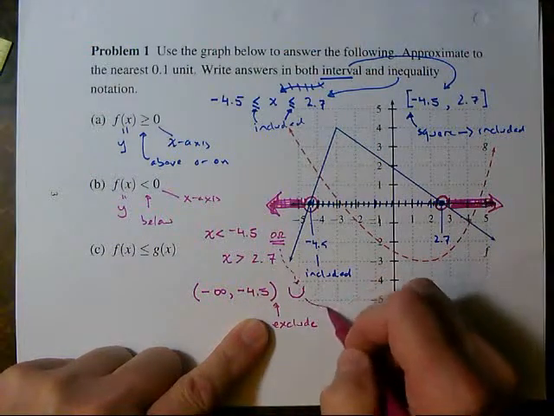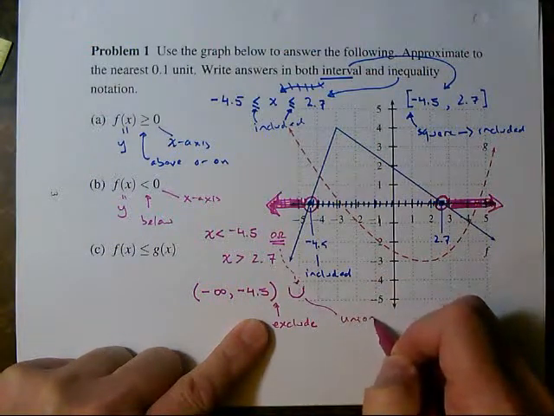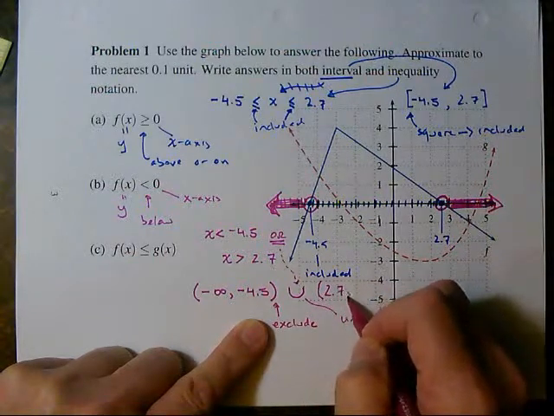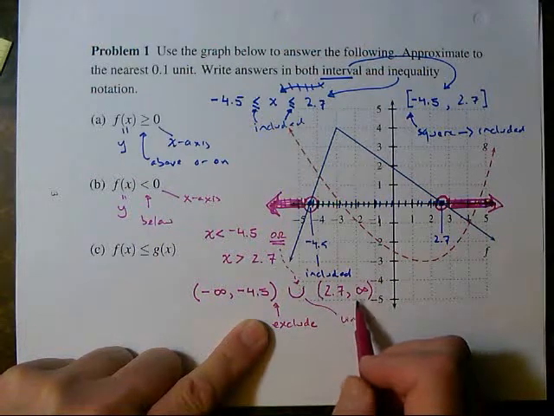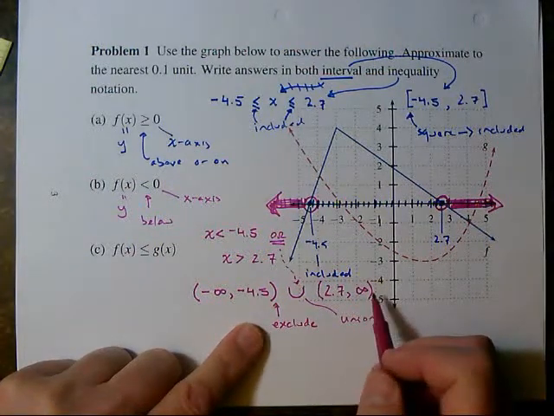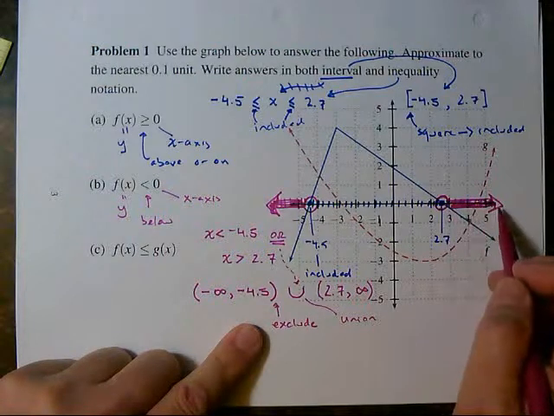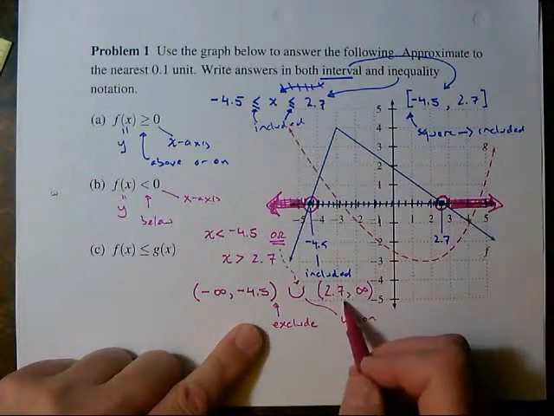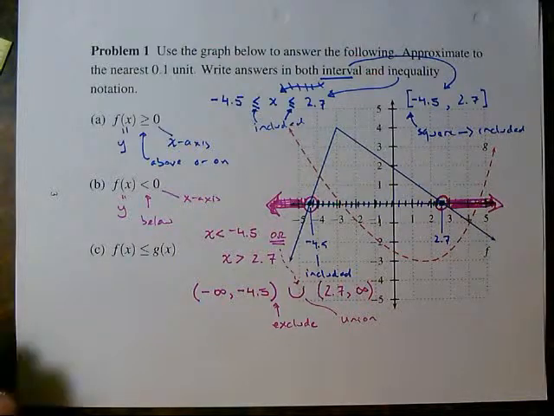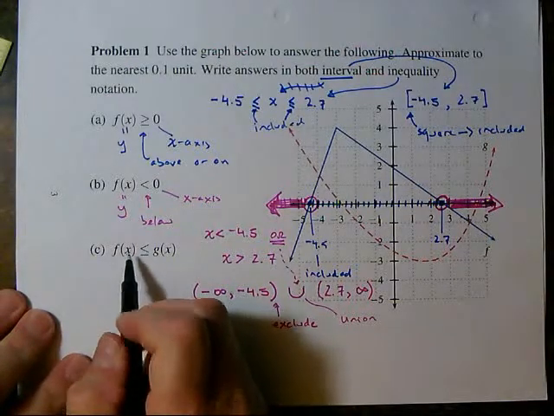Now the or translates as the symbol union. And then we would be 2.7 up to as far as you could possibly go on the x-axis, which we represent with a positive infinity. So 2.7 to infinity exclusively. Okay, that solves part B.